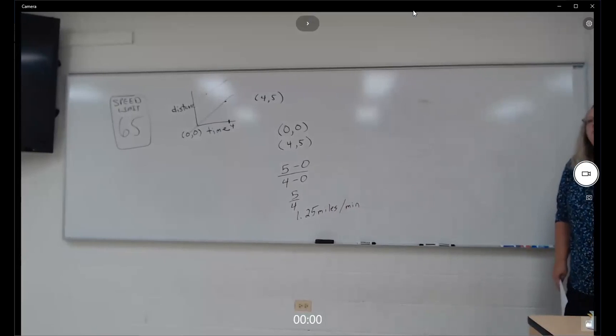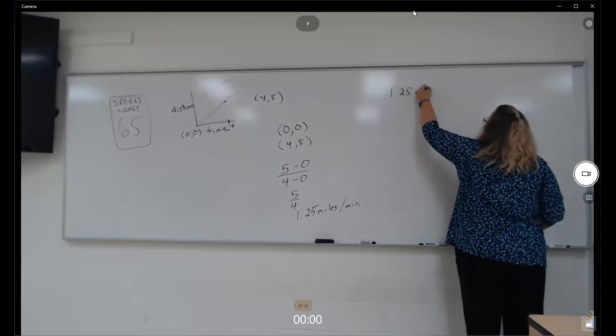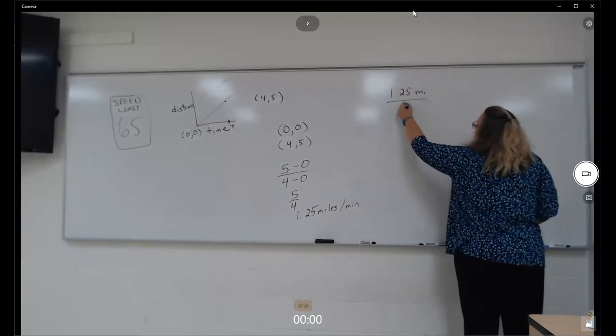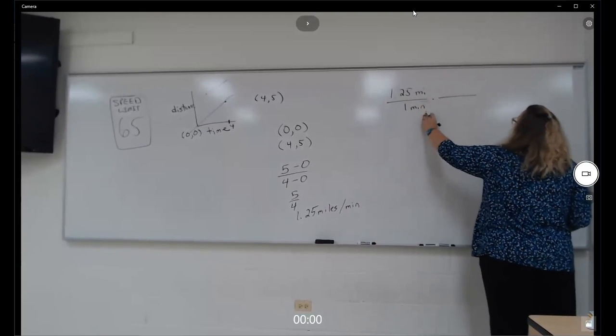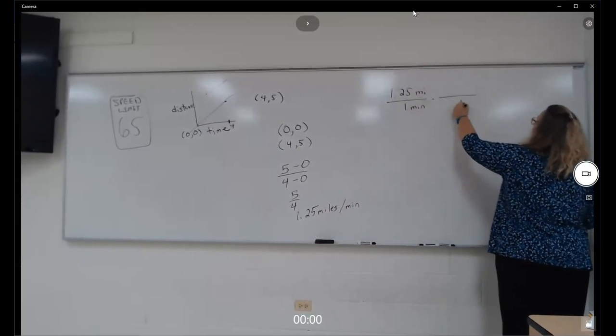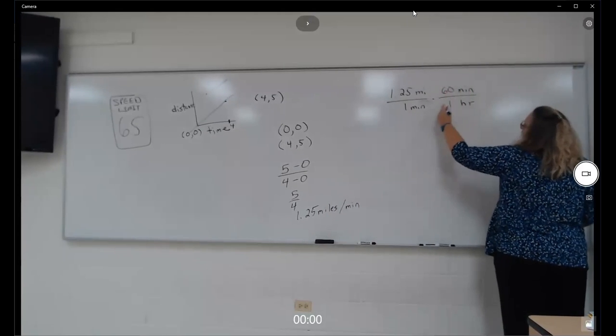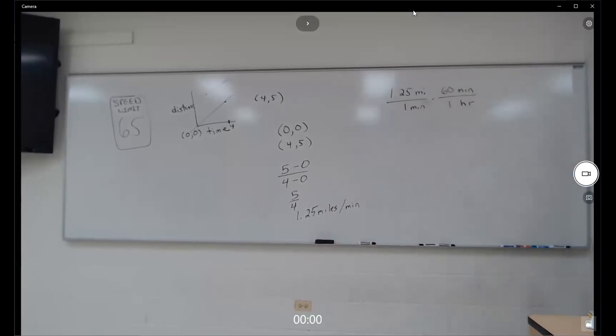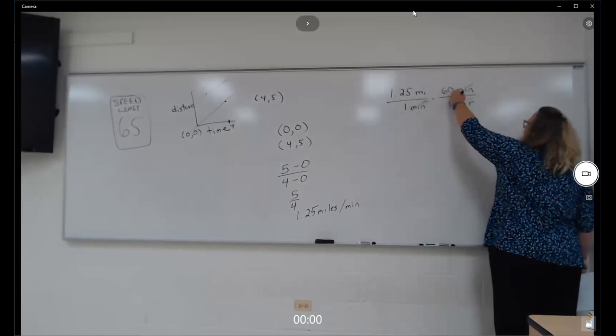So let's convert that to hours. 1.25 miles over 1 minute. We want hours on the bottom, so we want to get rid of minutes. Or if some of you just know you multiply by 60, that's fine, but this is kind of officially how you do it. The minutes cancel, units cancel, just like numbers.